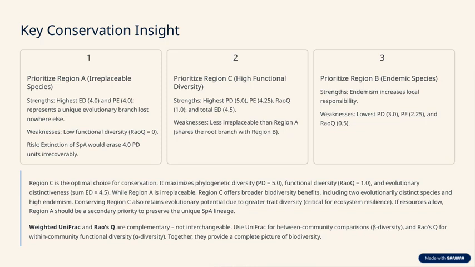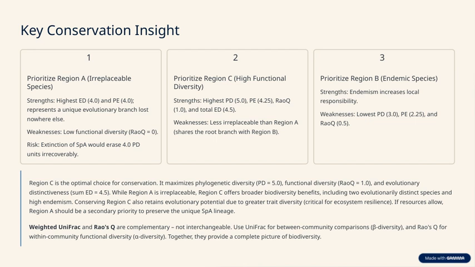Let's start by looking at Region A, which we consider a priority due to its irreplaceable species. This region has the highest evolutionary distinctiveness, or ED, with a score of 4, and the highest phylogenetic endemism, PE, also at 4. This means it represents a unique evolutionary branch that we can't find anywhere else, making it incredibly valuable from a conservation perspective.